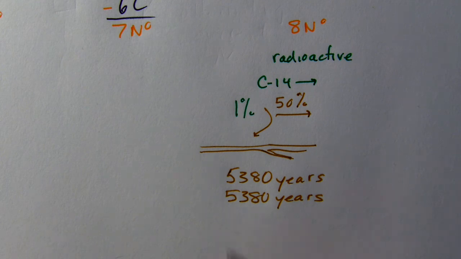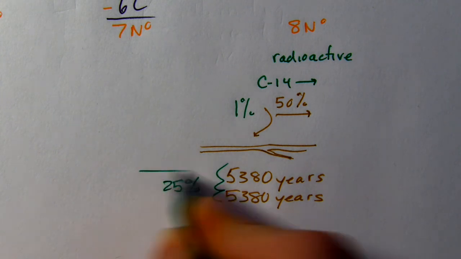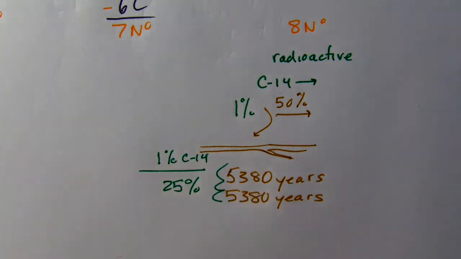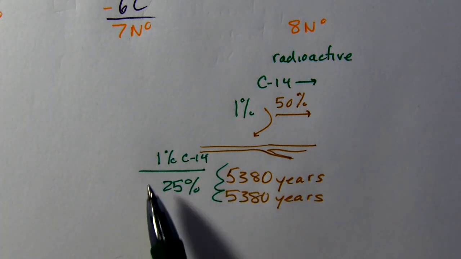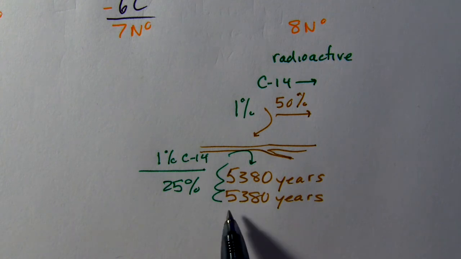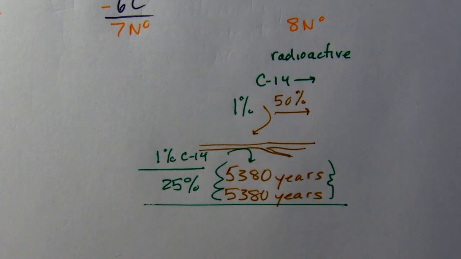So now we know that if we find something that is 25% of the original 1% carbon-14, so 1% became 50%, became 0.25%, whatever it is, that's 2 half-lives, and so we know that like 11,760 years have passed, just based on the remaining amount of carbon-14.